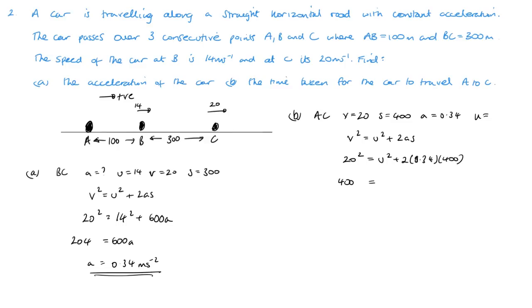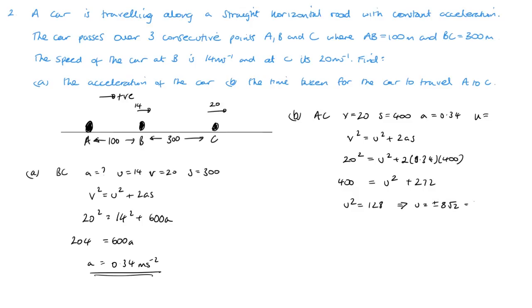So that gives me 400 equals u squared plus 272. U squared equals 128. Therefore u is plus or minus 8 root 2.